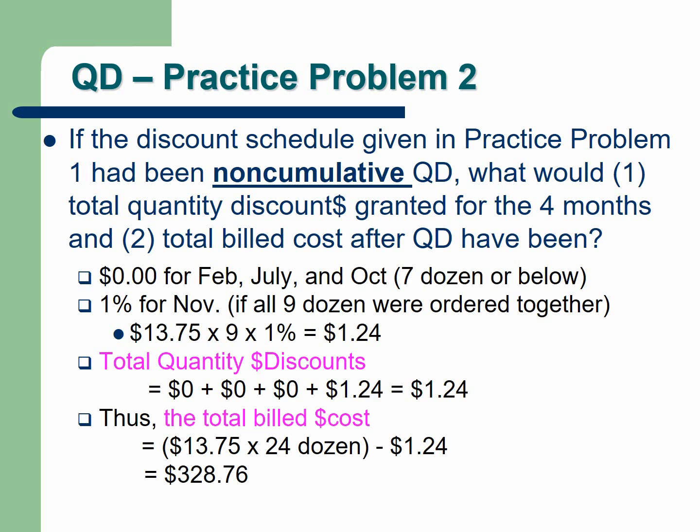So the total build cost the buyer will end up paying to the vendor will be the total invoice cost of 13.75 times 24 dozen minus that quantity discount from the last order, the November order. So that was $1.24. So the total build cost will be $328.76, which is a bit greater than the build cost that we calculated based on a cumulative quantity discount schedule.